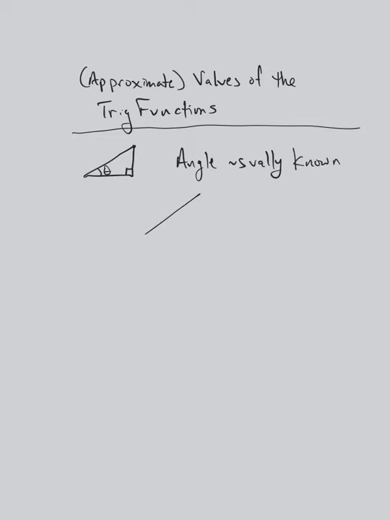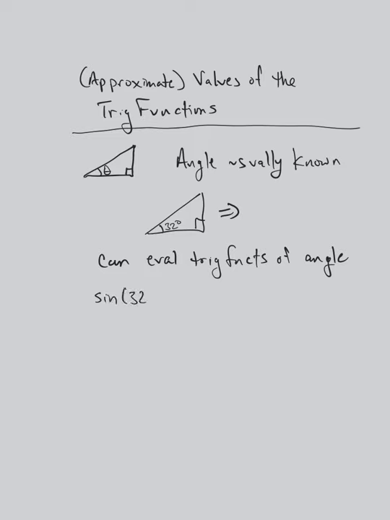So we might have a picture that looks like this, and we'll be given that angle, say it's 32 degrees. Once that angle's known, then we can actually evaluate the trig functions of that angle. If we need to use the sine, we'll see why in a minute, we could type into our calculators the sine of 32 degrees.